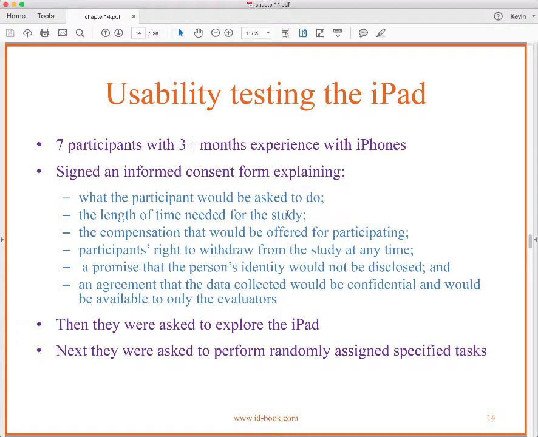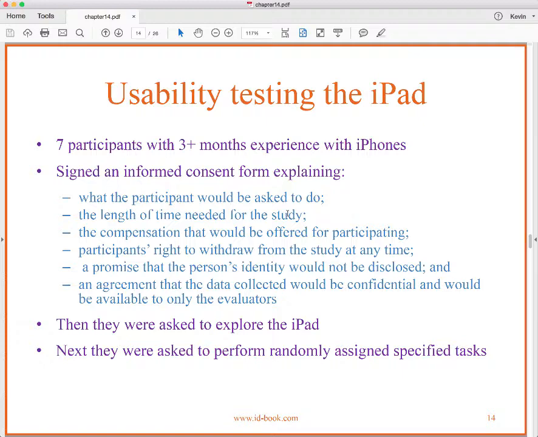It was done by a big interaction design consulting firm, so it was done very professionally. And it wasn't done for Apple. It was done for people who wanted to develop products for the iPad.